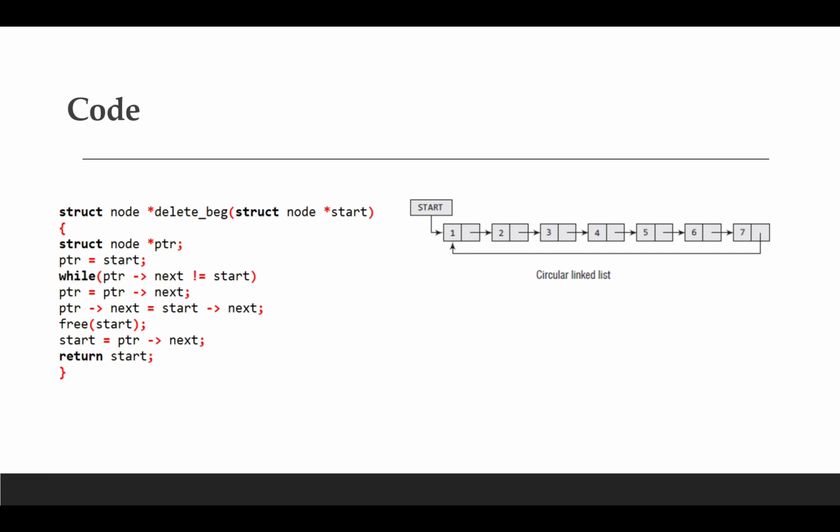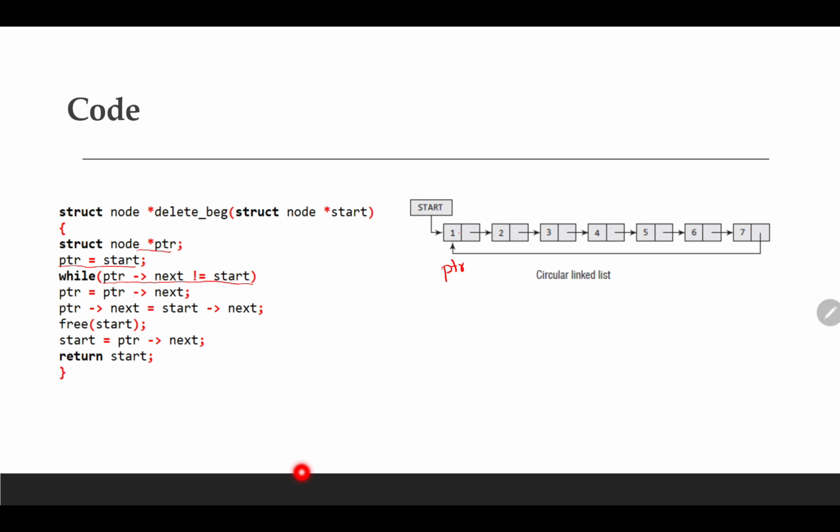First we declare one variable, the ptr variable, and in the next statement we assign ptr = start. So the start node becomes ptr. Then we check the condition ptr->next is not equal to start.